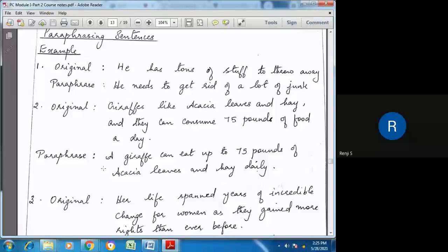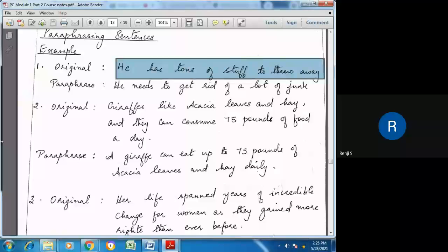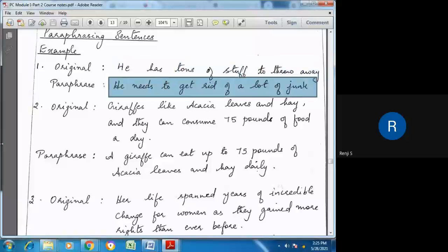Now, a few examples I have given in the note. The original text is, he has tons of stuff to throw away. You can write it in your own words, but one particular word, I had modified it into this form. That is, he needs to get rid of a lot of junk.